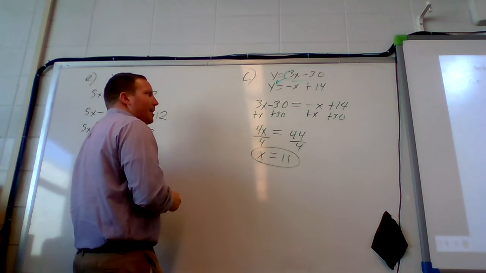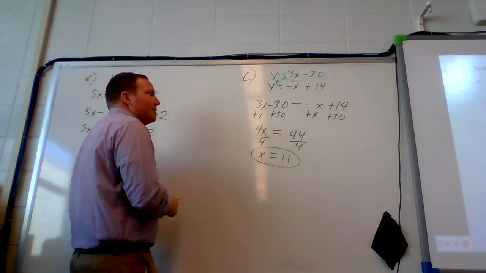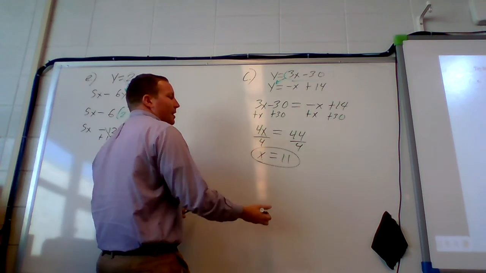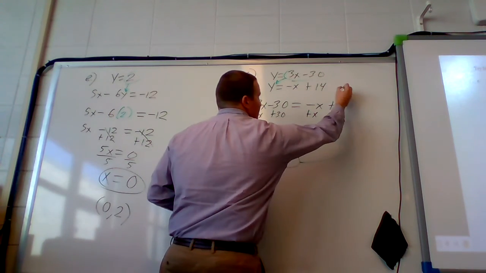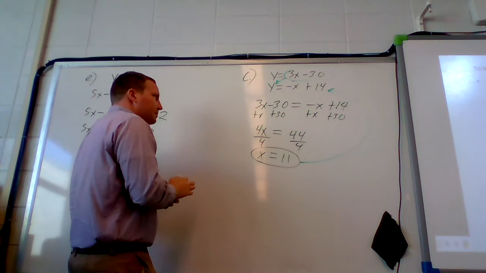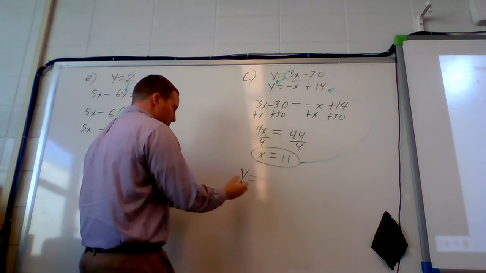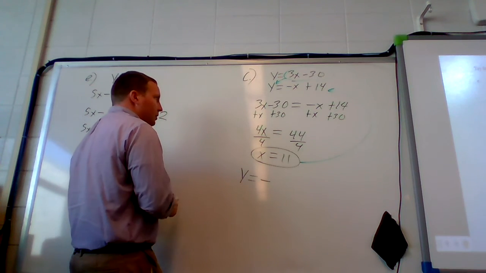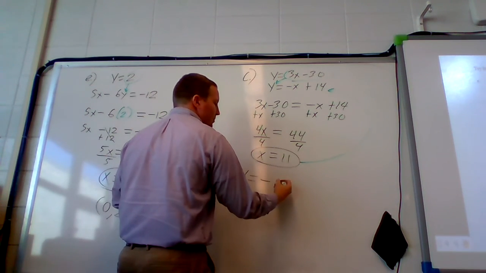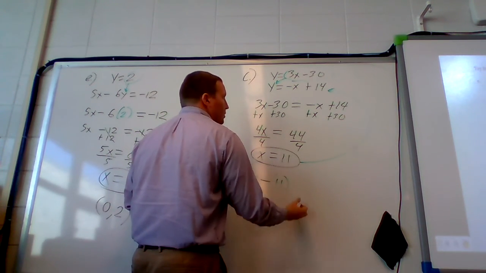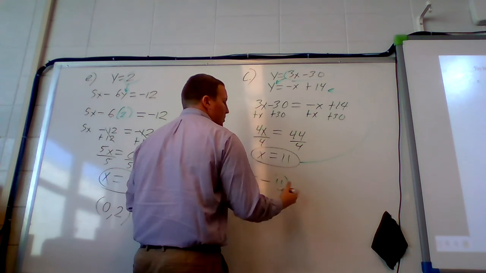Again, we can take that value, plug it right back into either equation. In this case, I think the bottom equation would be a little bit easier. y equals negative, plug in my x, which is 11, plus 14.